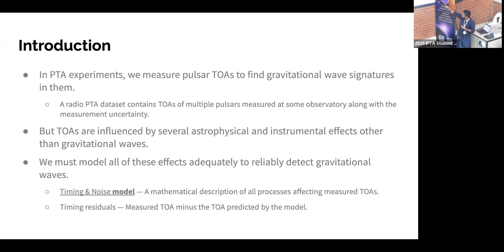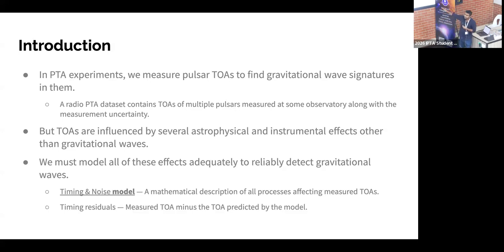So I am talking about this as a singular entity because sometimes in usual practice we talk about timing model and noise model as being different things, but strictly speaking, physically they are not. There is a single timing and noise model which we may treat as split into different things for convenience or computational reasons, but mathematically speaking, that is a single entity.